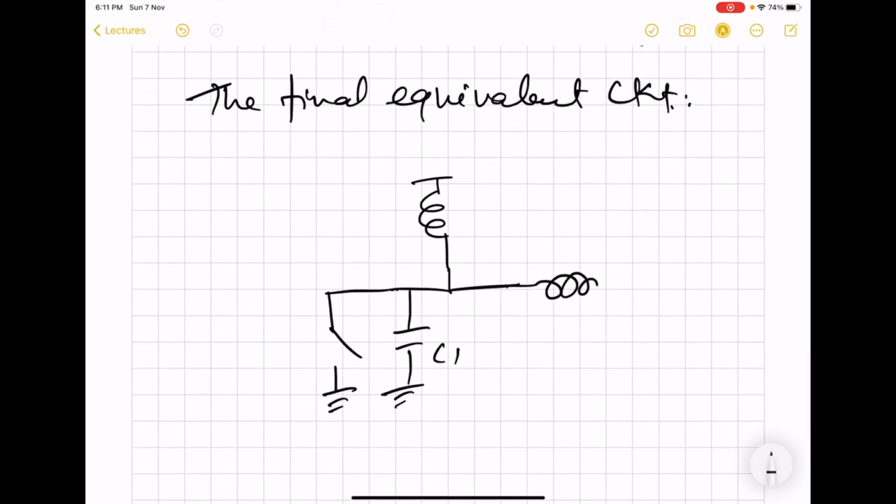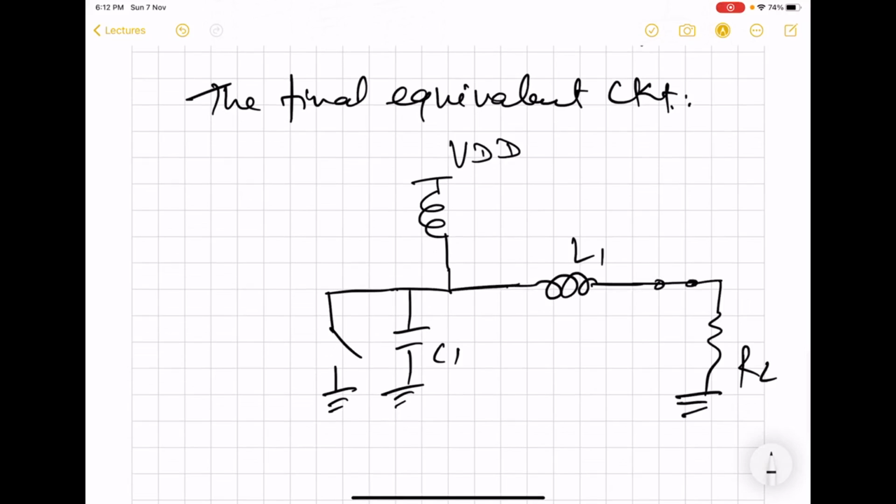And then we have here inductor, and finally the load. So this is the final equivalent circuit of the class E, which we will analyze.